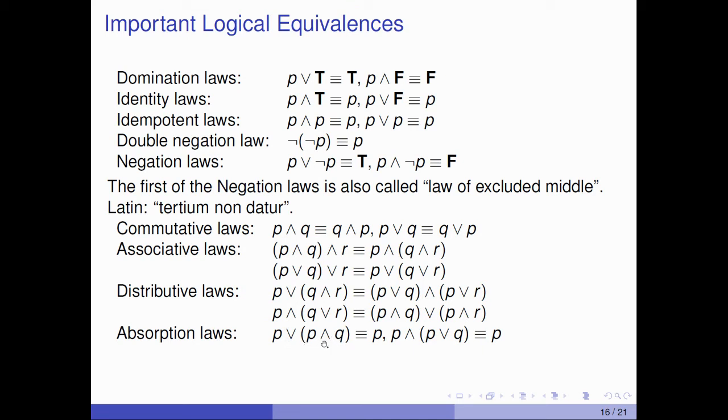This P and Q has been absorbed to P. You can also view distributive. Your P here is distributed over this proposition, P or Q and P or Q. That's what is happening there. Associative as well, commutative. So P and Q, Q and P.